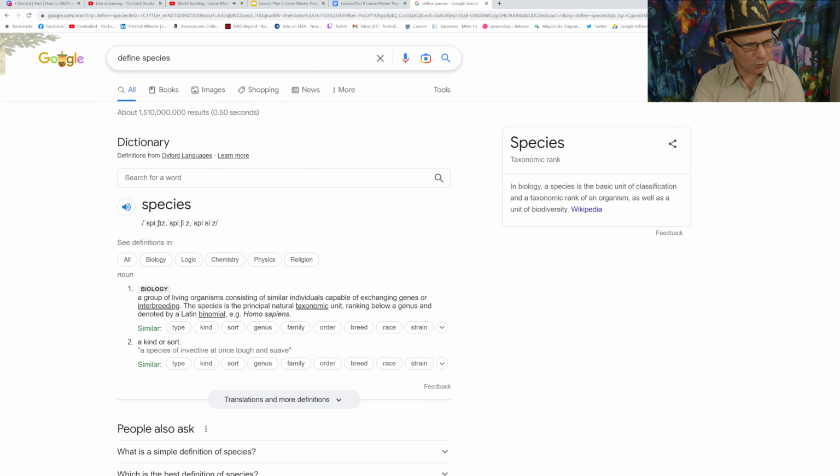Biology, a group of living organisms consisting of similar individuals capable of exchanging genes or interbreeding. Okay, the species is the principal natural taxonomic unit, ranking below genus. All right. So Homo sapiens.